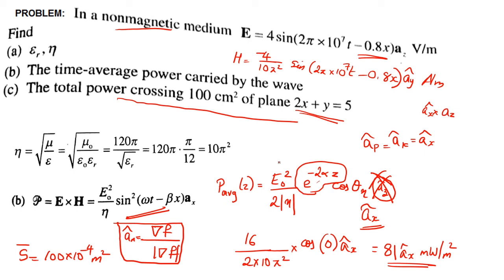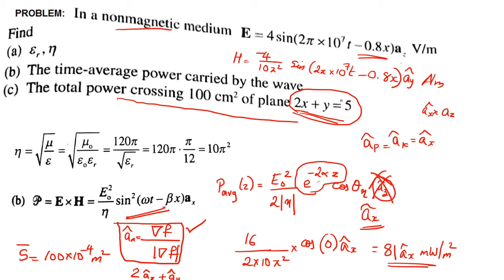So here what you will get? It will be 2ax plus ay divided by, this is del f, divided by magnitude, square root of 2 square plus 1 square, that is square root of 5. This is the equation: normal unit vector is gradient of f divided by modulus of gradient f. F here is the function 2x plus y minus 5.